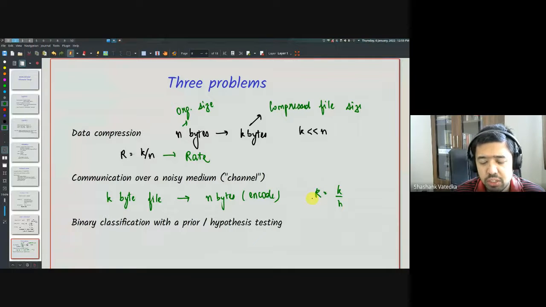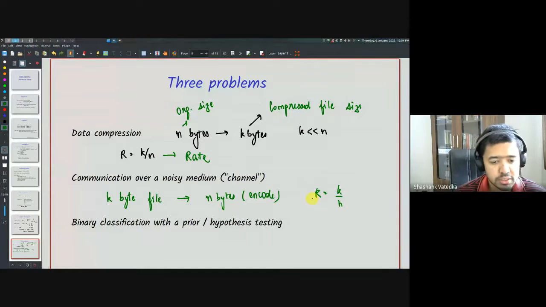So in other words, if I'm using the channel n times, or if I'm actually sending n packets across the channel, then how much useful information can I send in n packets? So obviously I need to introduce some amount of redundancy intuitively, but what is the minimum amount of redundancy that I need to include so that my receiver is able to get it correctly? Right? So that's the problem of communication over a noisy medium.